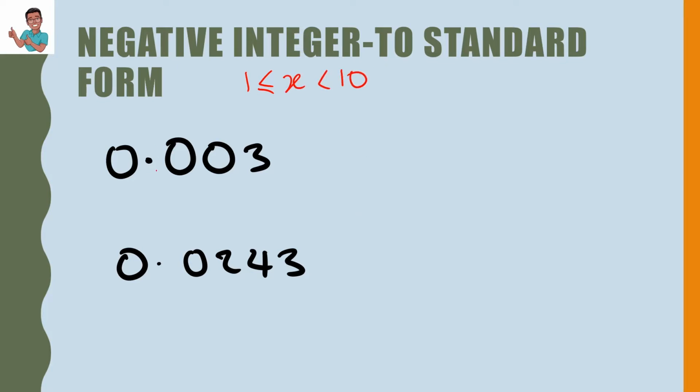So we will move this decimal point until it fits it. We have to move it 3 places, and 3 would be our number. So we write 3 times 10 to the power of not 3 this time, but minus 3.